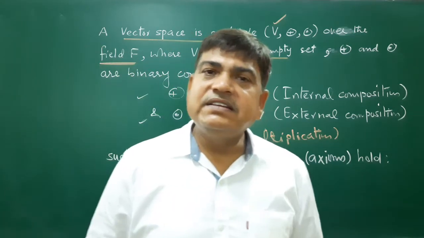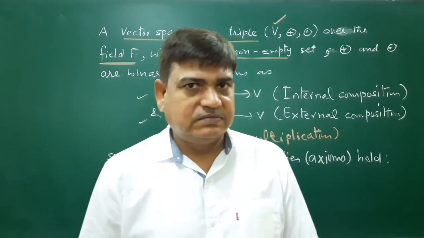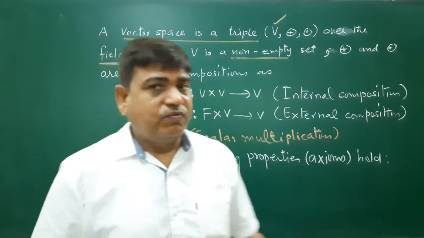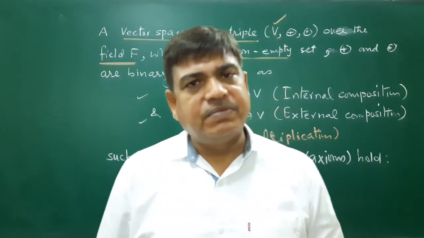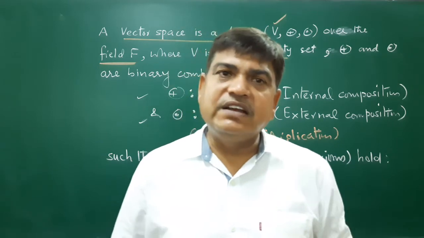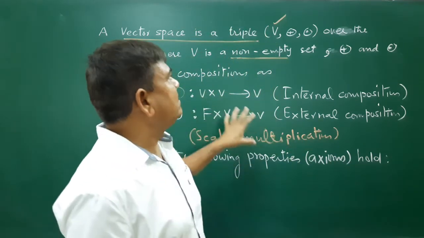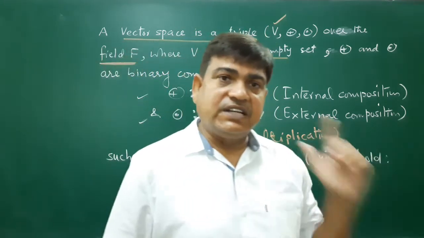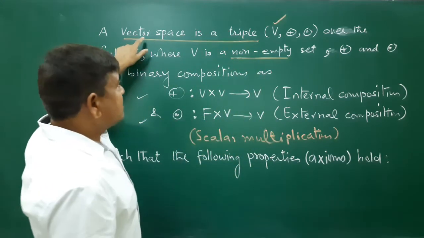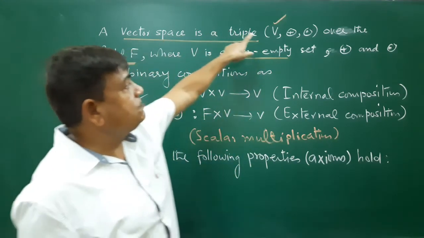This was explained very well. All the things we have done in previous videos. So if you have any doubt in some particular term, then you just revise that. A vector space is a triple.